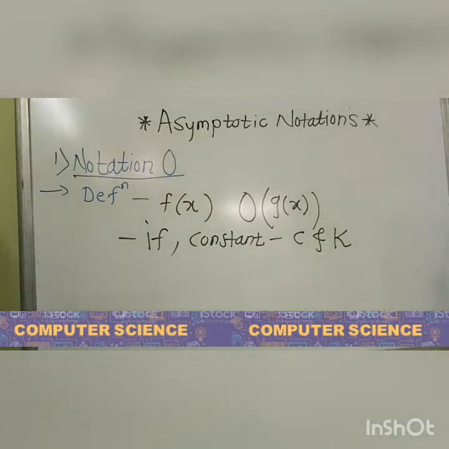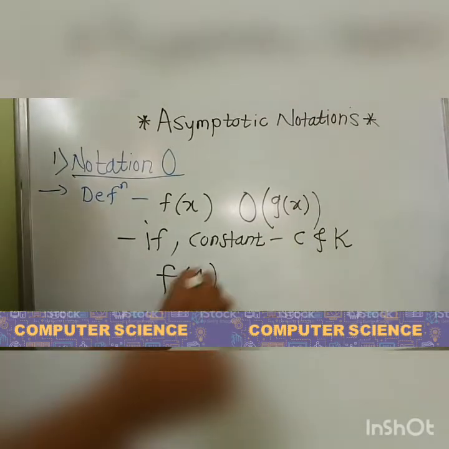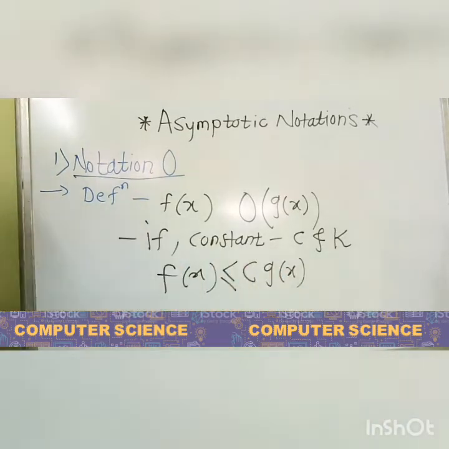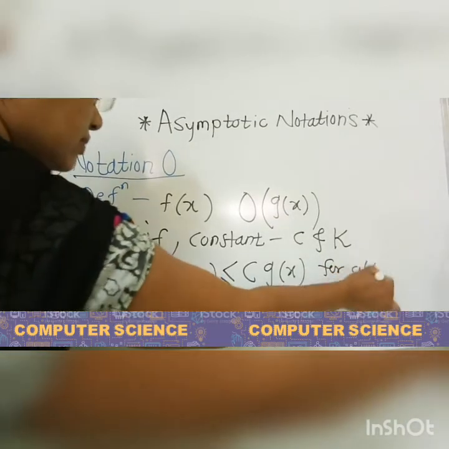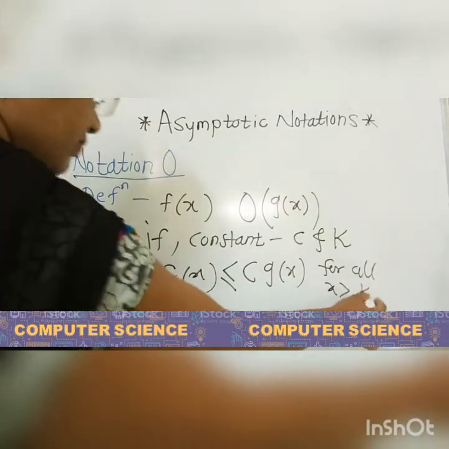Then we will analyze this big O notation by using the formula f of x less than or equal to c of g of x for all x greater than or equal to k.